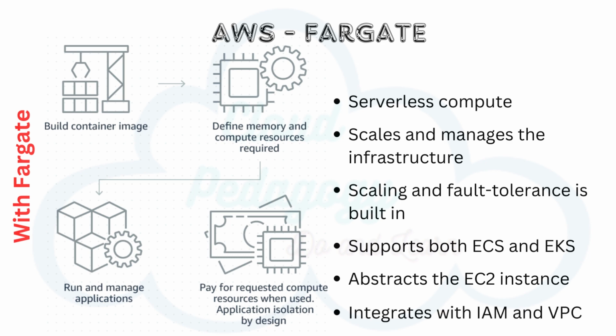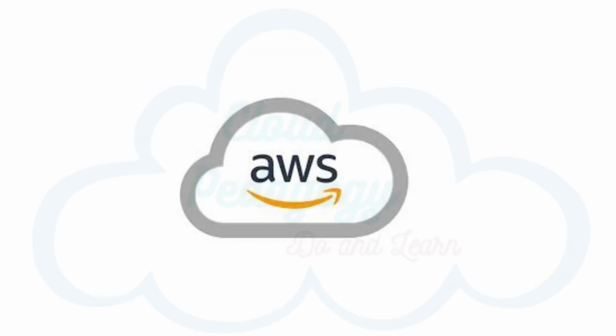It natively integrates with AWS Identity and Access Management, which is IAM, and Amazon Virtual Private Cloud, which is VPC. Having native integration with Amazon VPC allows you to launch Fargate containers inside your network and control connectivity to your applications. Alright, let's wrap this up.